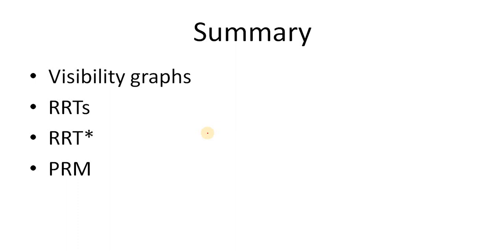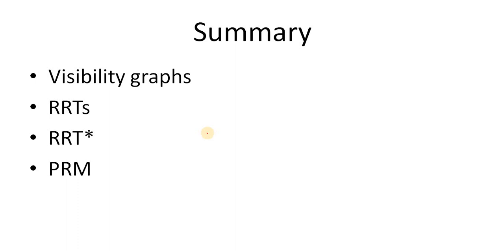So this rewiring process in the tree gives us the shortest path from start to target position, and that's why RRT star is the probabilistically optimal version of the RRT algorithm.